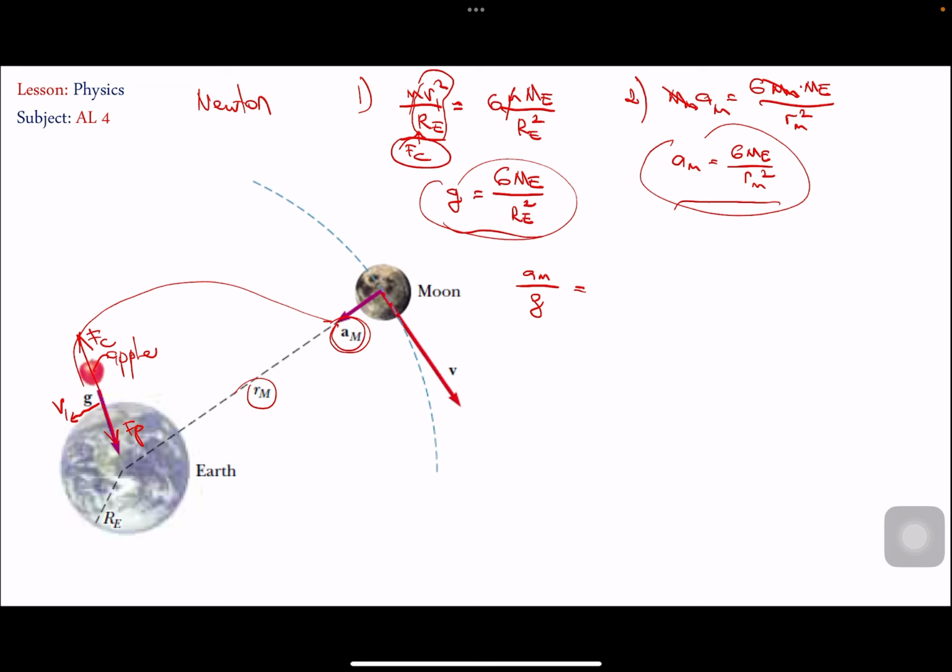So G mass of Earth over r_m squared, and I have to turn the second one upside down, so r_E squared over G times m_E, mass of Earth. I will simplify this. So you'll see here that the radius of Earth squared over the radius from Moon to the Earth squared is equal to a_m over g. What does it mean? It means that I can find the centripetal acceleration.